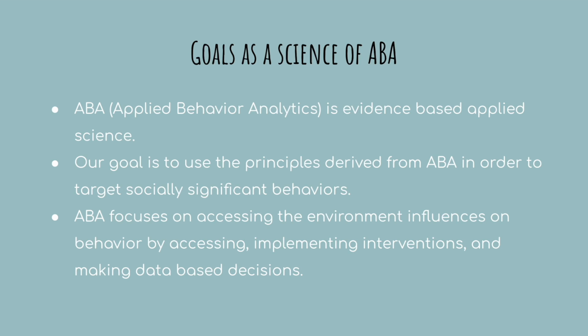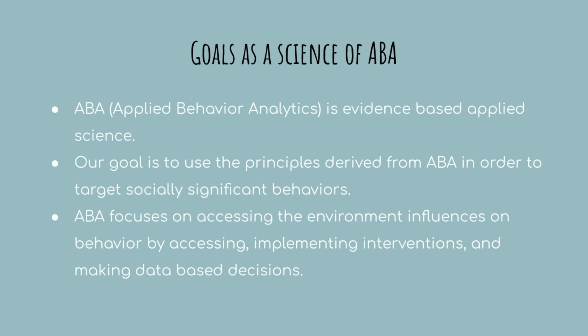All the interventions and practices that we have in place are based off of studies that have been conducted in EAB, which we'll dive into as we go further into the task list, but we are just applying it out in the field with our clients and manipulating the environment.